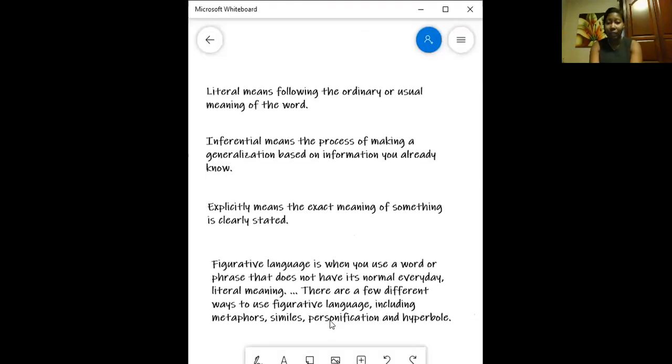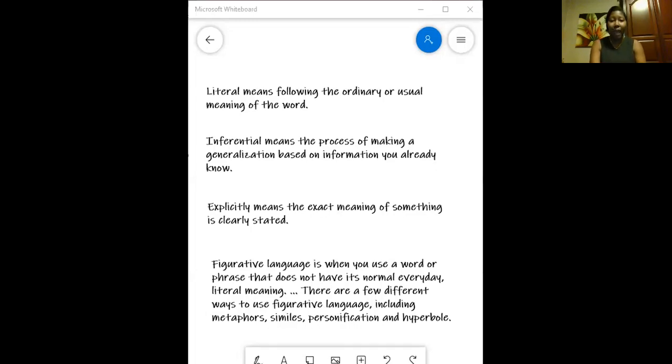Figurative language simply means when you use a word or a phrase that does not have its normal everyday literal meaning. So it's just the same thing as using metaphors and similes, personification, and those other types of figurative language that we were speaking of earlier. So figurative language is when you use a word or a phrase that does not have its normal everyday literal meaning.